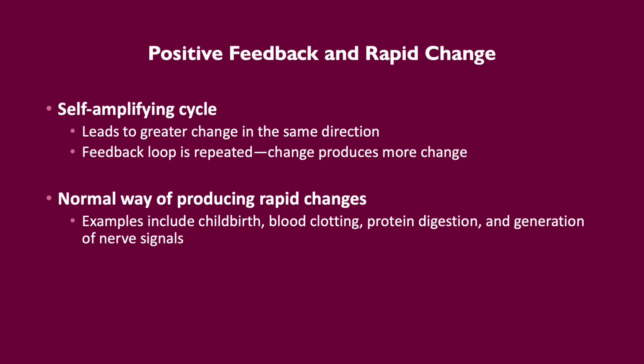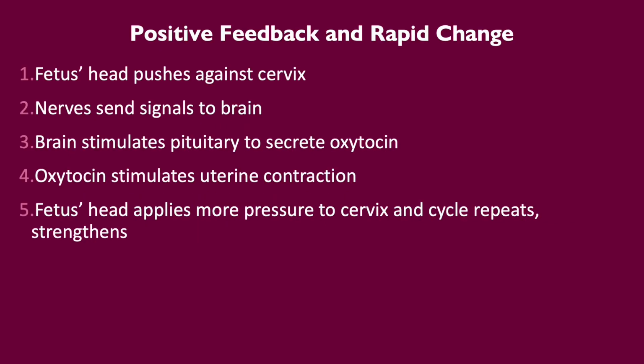The contractions are what actually help push the baby out. So the more oxytocin, the more contractions are produced, and then the baby is born. So that is a cycle, and it is positive feedback with rapid change. This is just a step-by-step breakdown of what I just told you in slide 15.